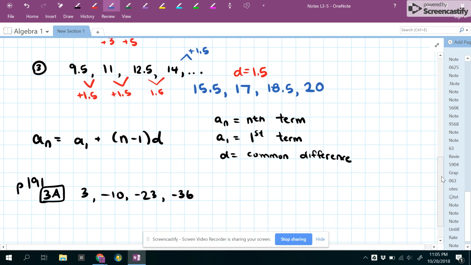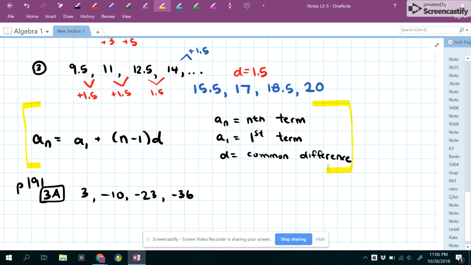Because this is a pattern and because it's arithmetic, there's an equation that we can use to find terms. And that equation is a sub n equals a sub 1 plus n minus 1 times d. So again, it looks like a slightly messy equation, but it's not too bad.